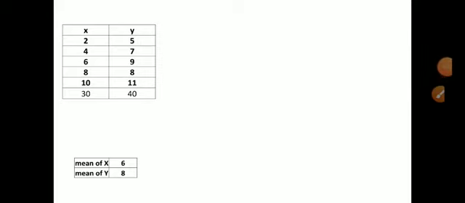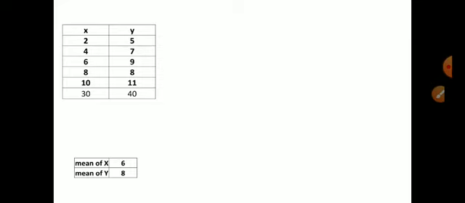The x bar will be summation x by n, that is 30 by 5, as 5 values are there, so x bar is 6. And y bar is summation y by n, that is 40 by 5, which gives 8.